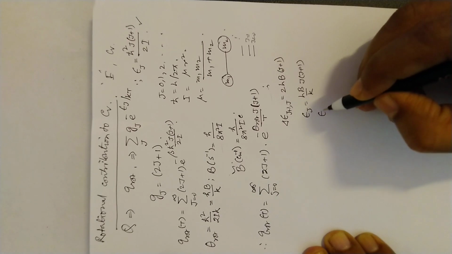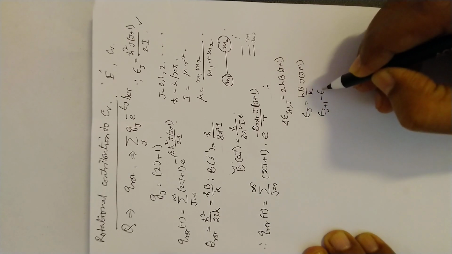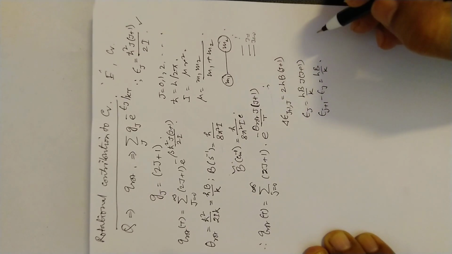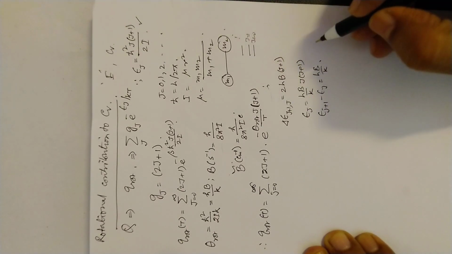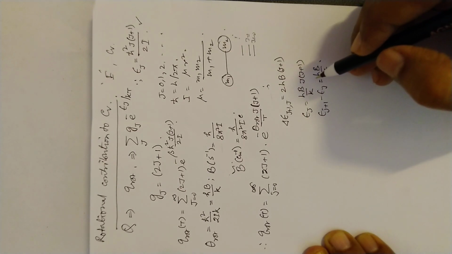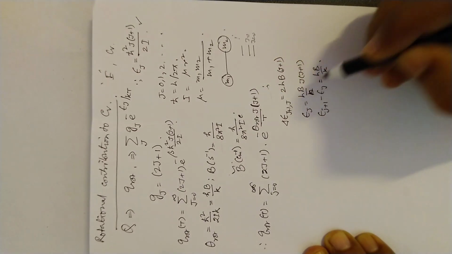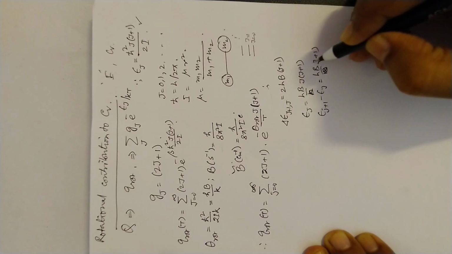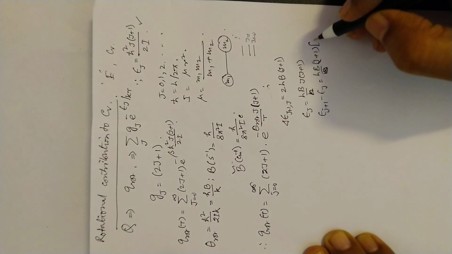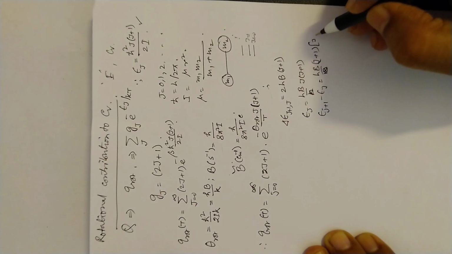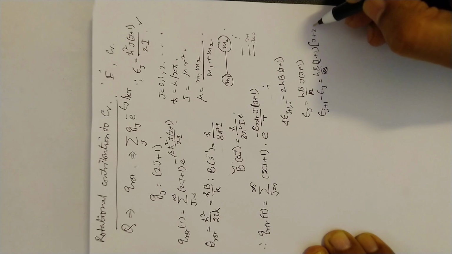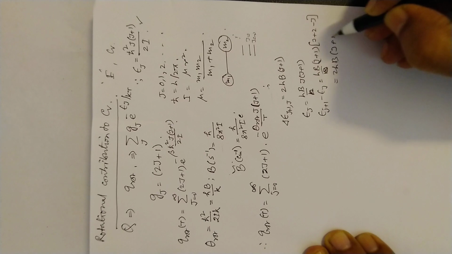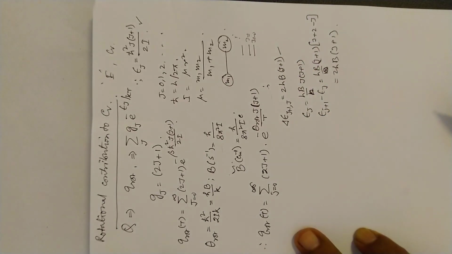Then epsilon j plus 1 minus epsilon j is equal to hB, sorry, no k is there, forget this k part. So hB into (j plus 1) common you can take, and then it becomes (j plus 2) minus j, so that becomes twice hB into (j plus 1). So that is what we have: twice hB (j plus 1).